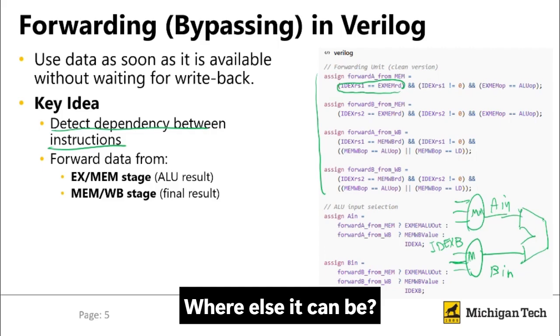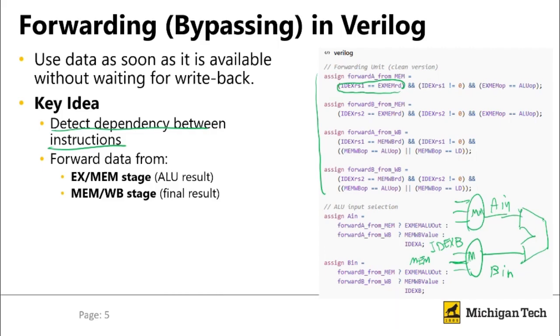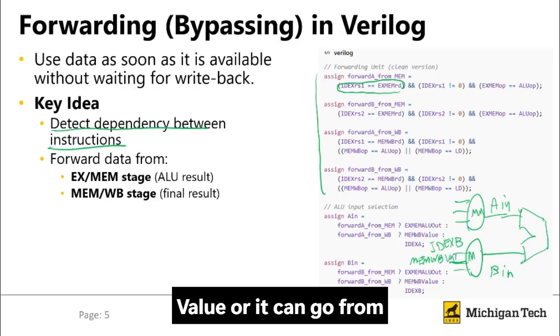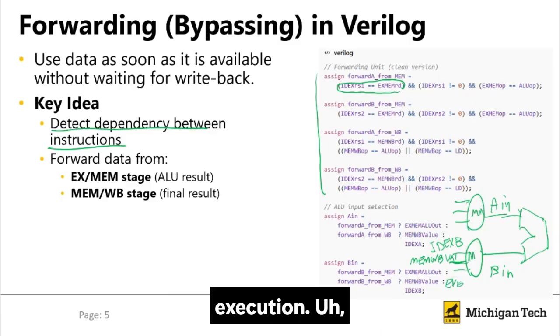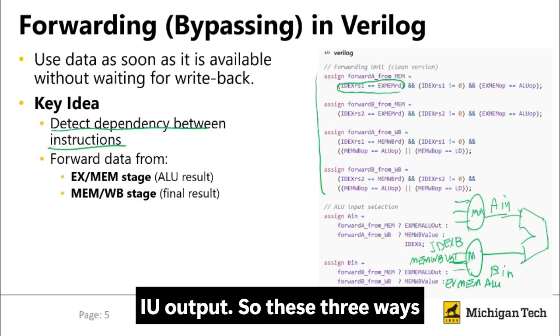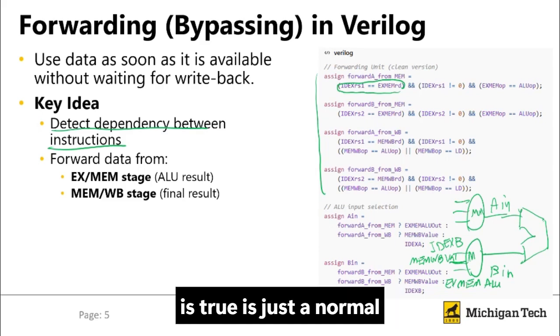Where else can it come from? It can come from memory, from the memory to write back value, or it can come from execution to memory, the EX/MEM ALU output. So these three ways, we need to choose which one is true. Is it just the normal one, or is there a dependency?